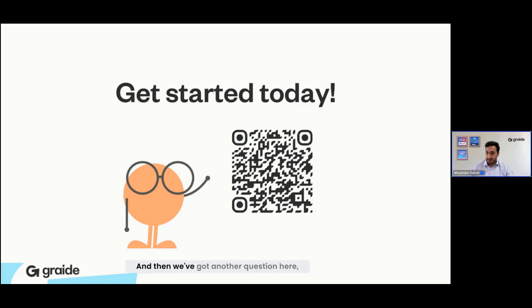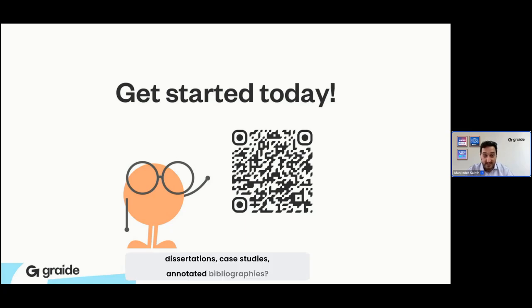And then we've got another question here, which is, what levels has it been tested with, and what types of assessment, for example, has it been tested on a range from level 4 to level 7? Is it capable of assessing dissertations, case studies, annotated bibliographies? Most of the testing that we've done internally has been with people who've already been using Grade.